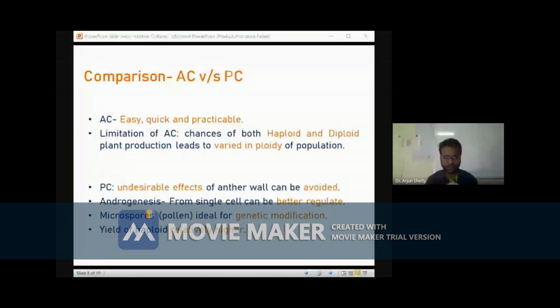anther tissues. In any course of plant tissue culture, since we are working with the pollen alone, single pollens, the anther tissues, walls and debris are not involved during the pollen culture.